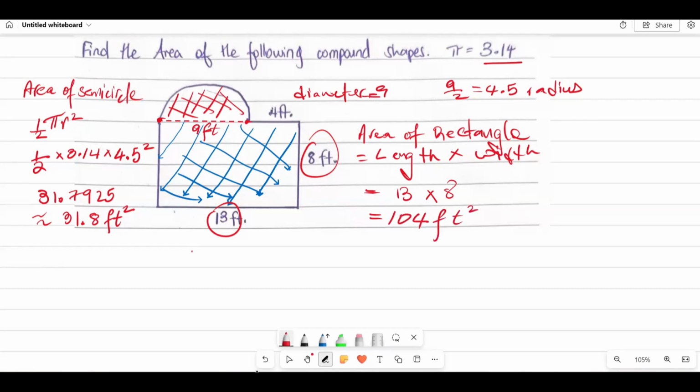So what do we really have? For this part, we have 31.8 square feet, and in this section, we have 104 square feet. Let's add them together.